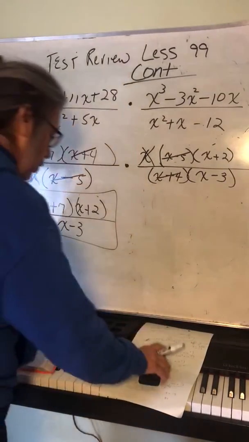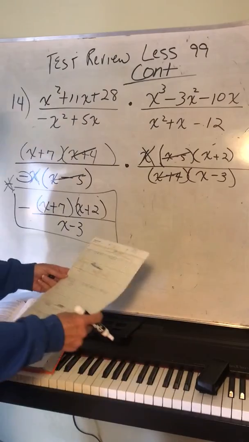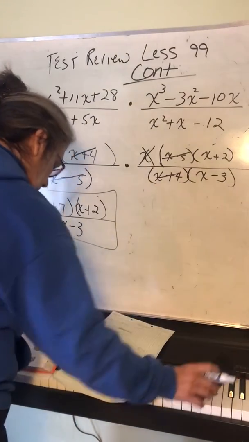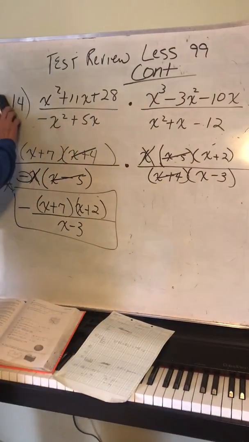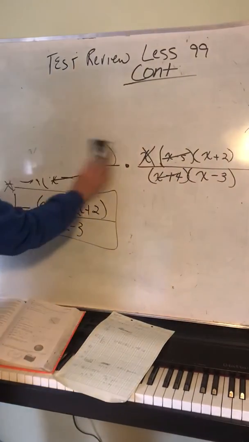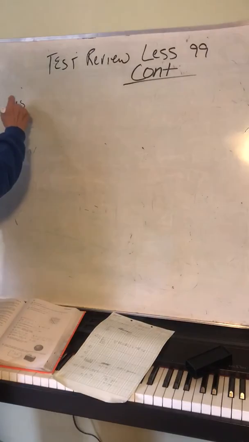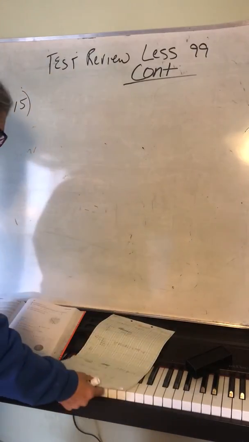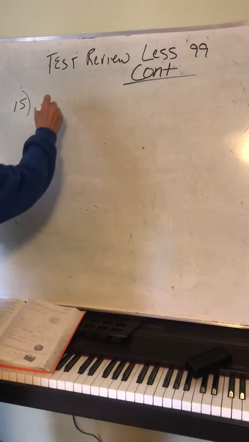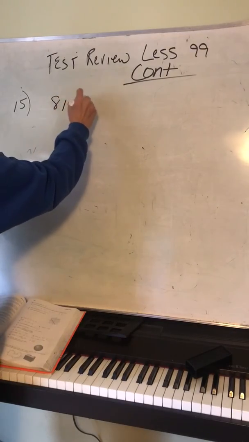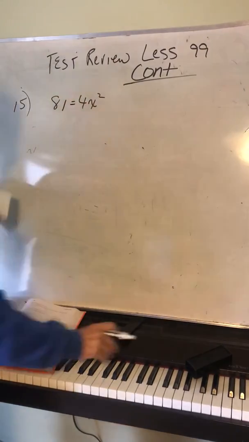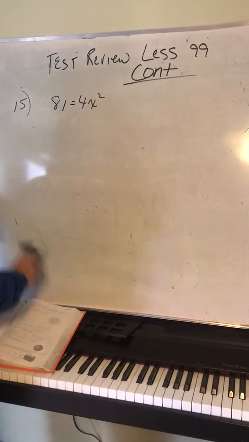Okay, let's see which one's next. Number 15. Let's do number 15. Number 15 is 81 equals 4x squared. And they want to solve for that.